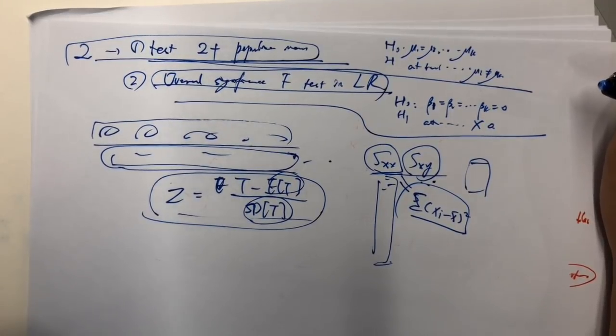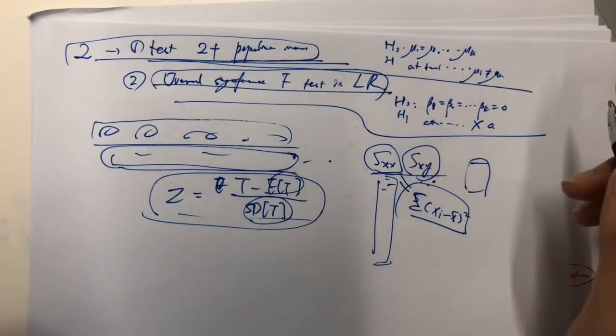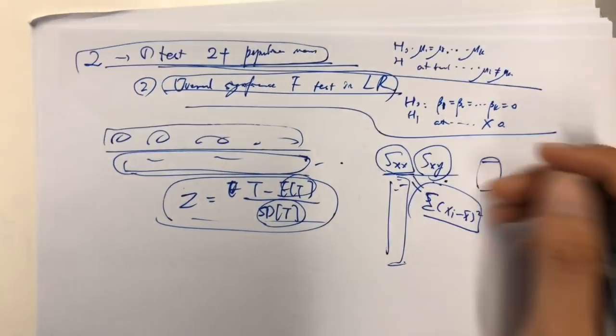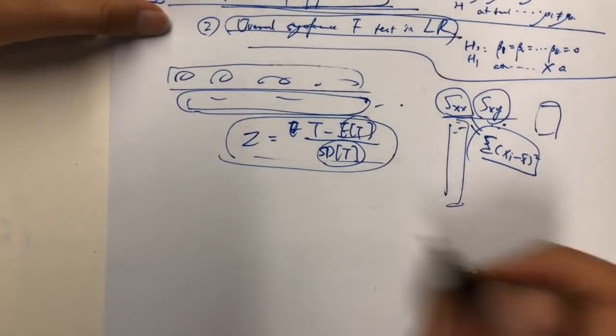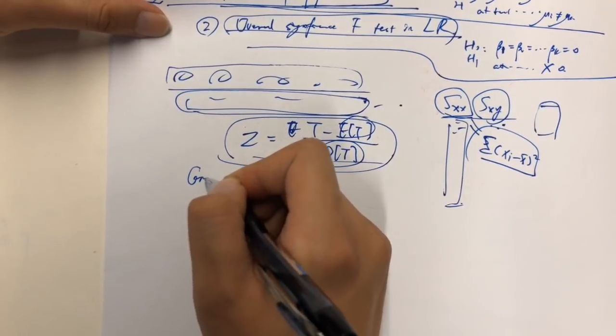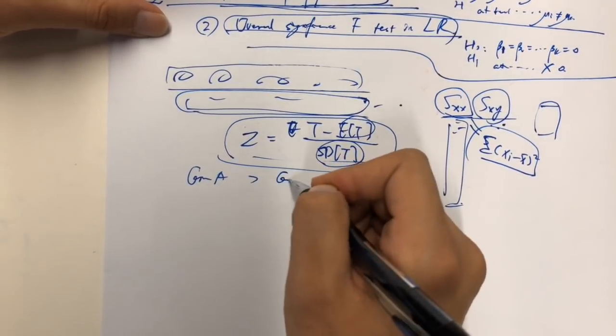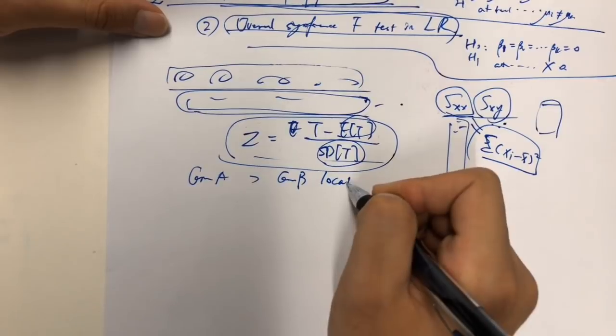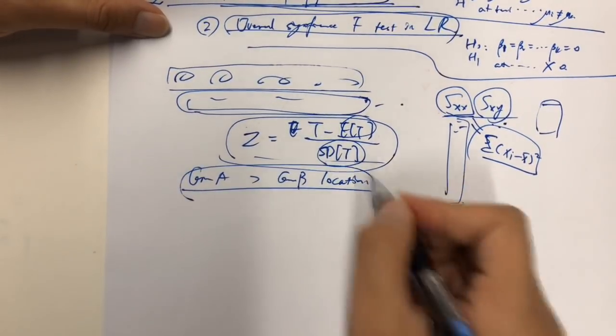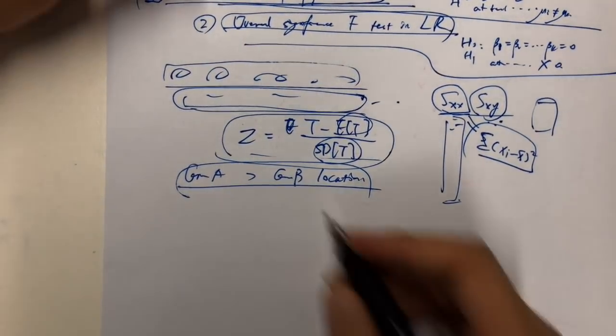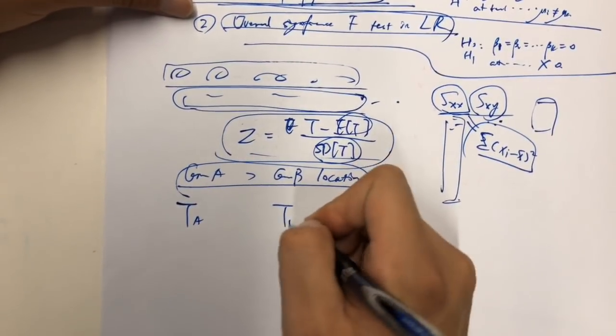For Wilcoxon, if it's a right tail test, we use the larger sum of ranks for the test statistic. In Wilcoxon rank sum test, we are asking whether group A's location is greater than group B's location, right? Because we always use location. So you probably have TA and TB.